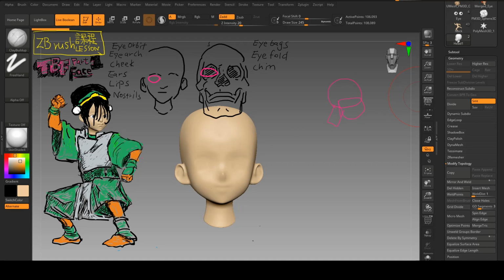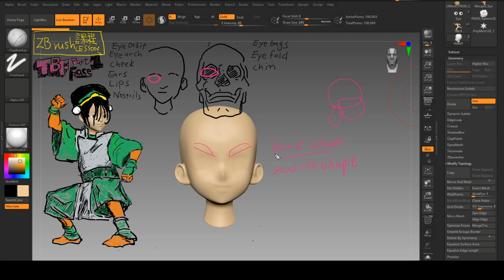If you sculpt a sharp angle, usually you have to think about the bone shape and also the muscle shape.